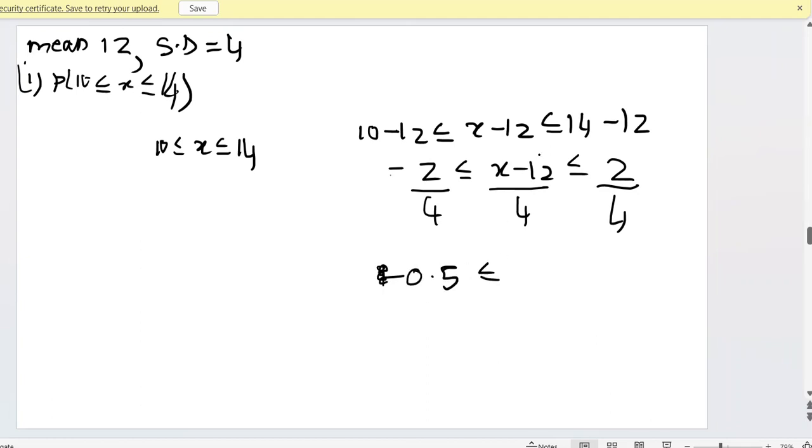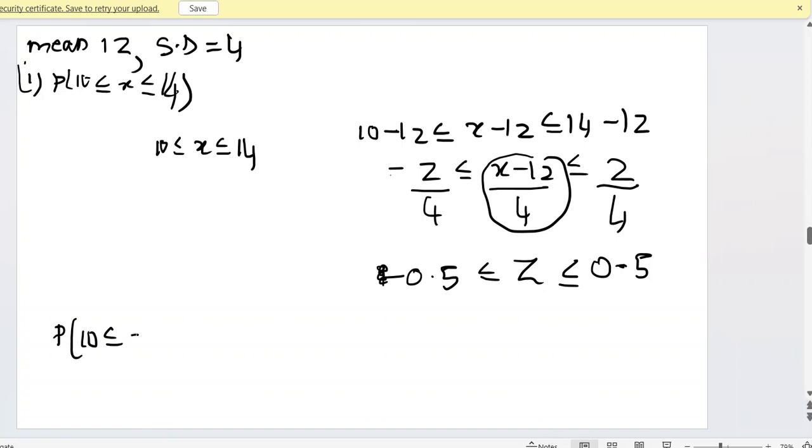The value at the center will be replaced by z once you subtract the mean and divide by the standard deviation, and 2 upon 4 is 0.5. So P of 10 less than x less than 14 will now be converted to P of minus 0.5 less than z less than 0.5.